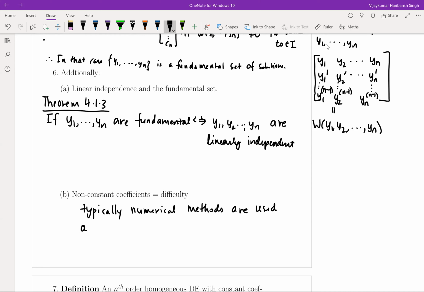Or you can use the series method, which we'll see later on. What kind of series? Power series methods. We'll see later.